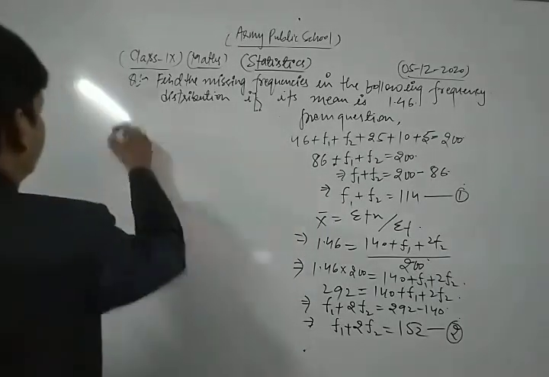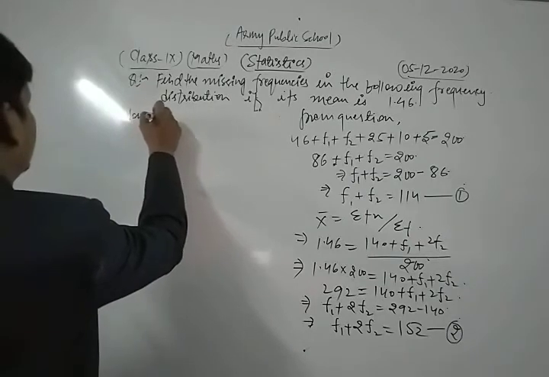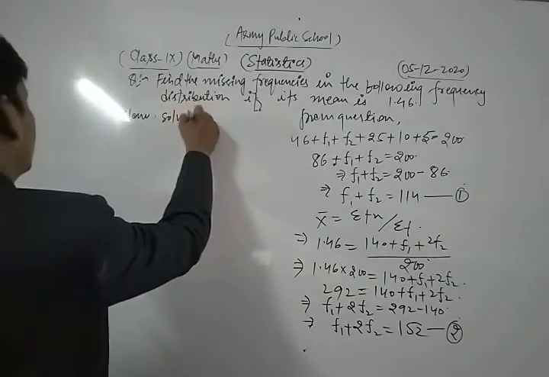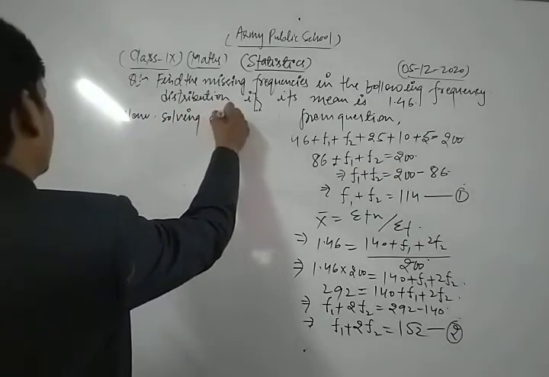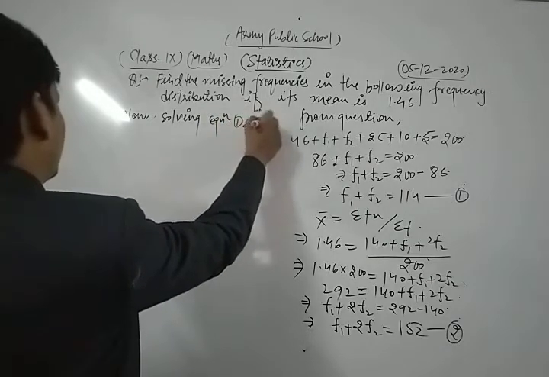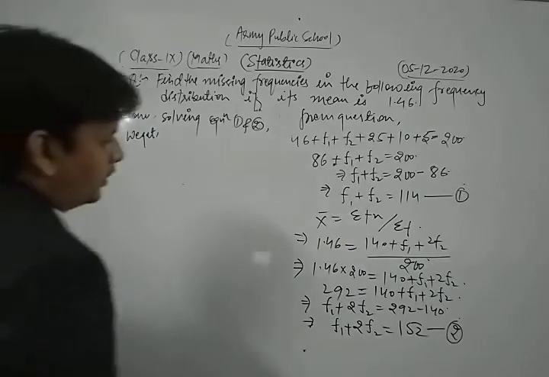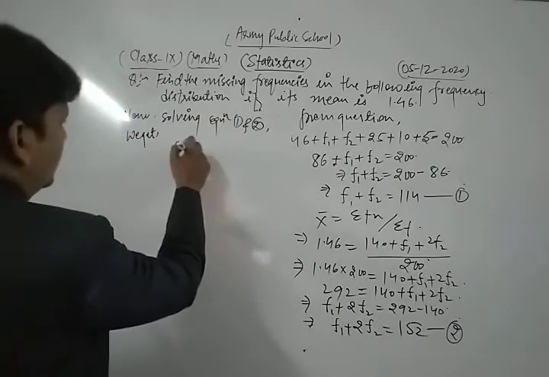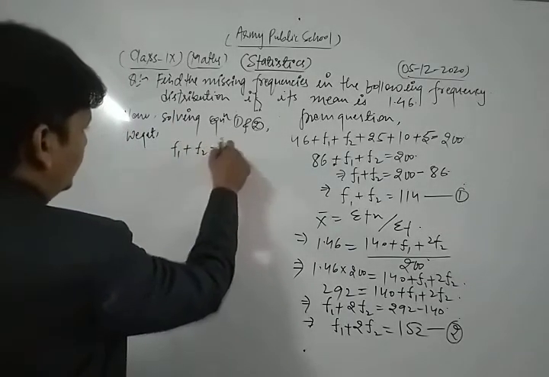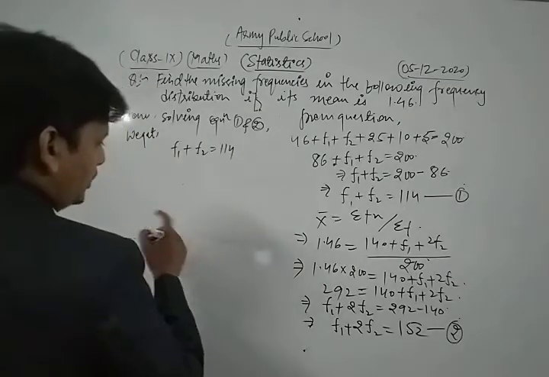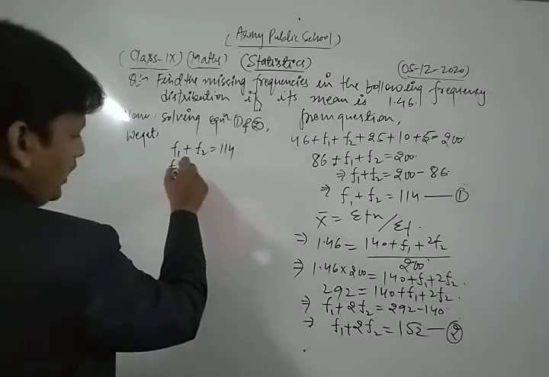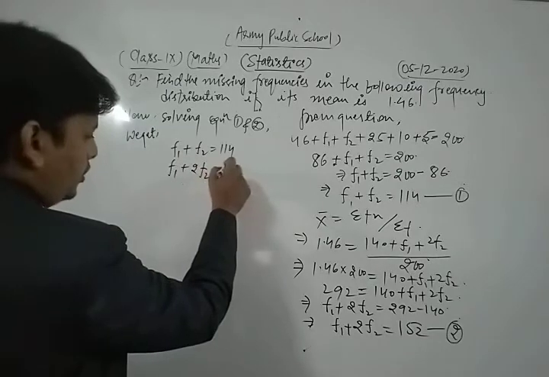Solving equations 1 and 2, we get equation 1: f1 plus f2 is equal to 114, and equation 2: f1 plus 2 f2 is equal to 152.